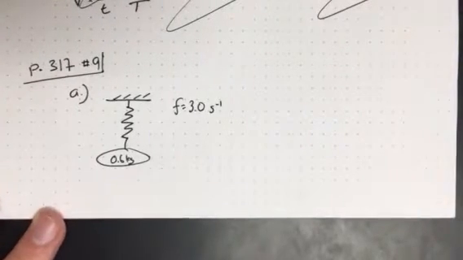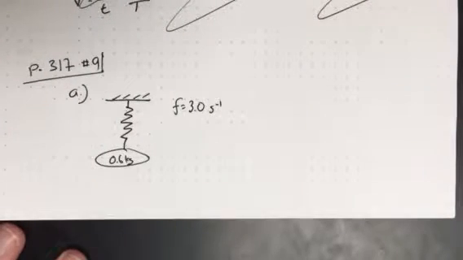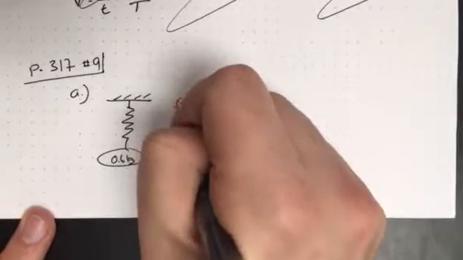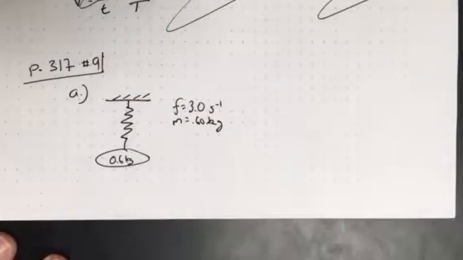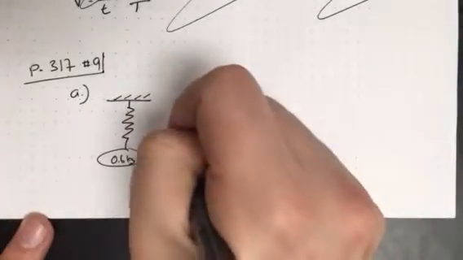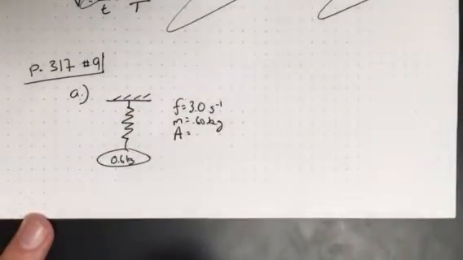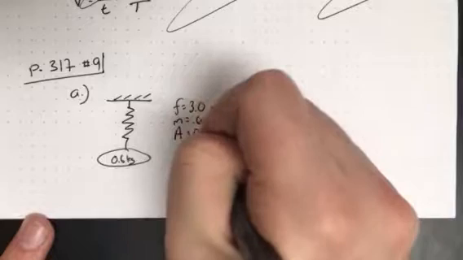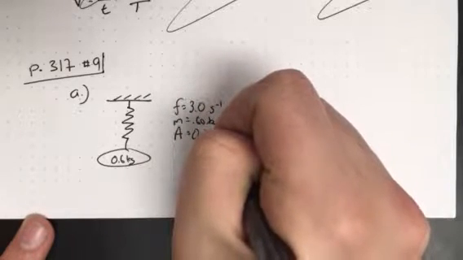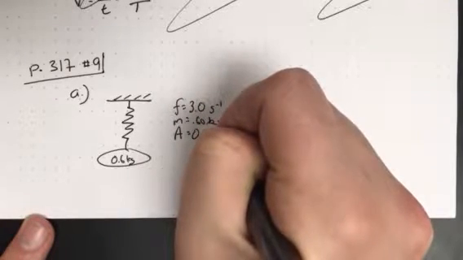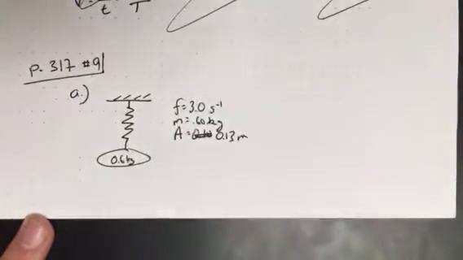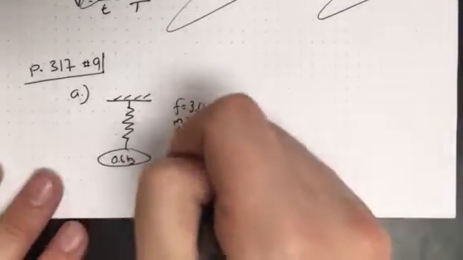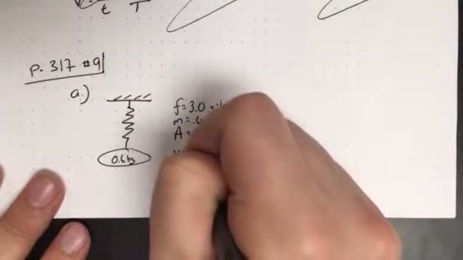The mass is 0.60 kilograms, and it has an amplitude, which we're going to call capital A, of 0.13 meters. Sorry, I'm reading the wrong part of the problem. The question in part A is, what's the velocity at the equilibrium point?